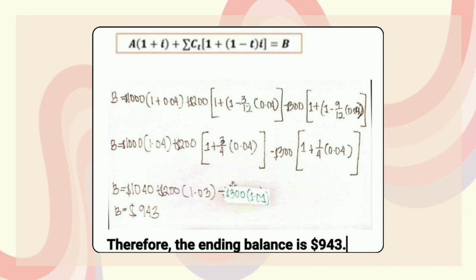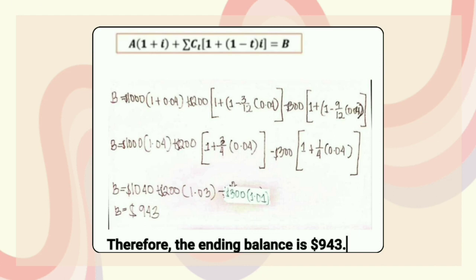So, A is 1,000. Then the 1 is given from the formula. Then our I is 0.04. Then close parenthesis, plus 200, which is the deposit.